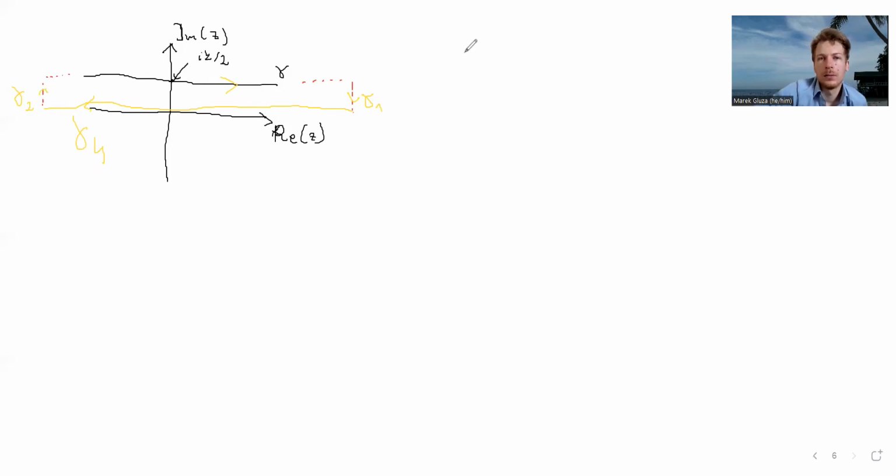So we get a contour which I will write as gamma plus gamma 1 plus gamma 4 plus gamma 2, and that's an oriented closed contour in the complex plane. So I can integrate over this contour.